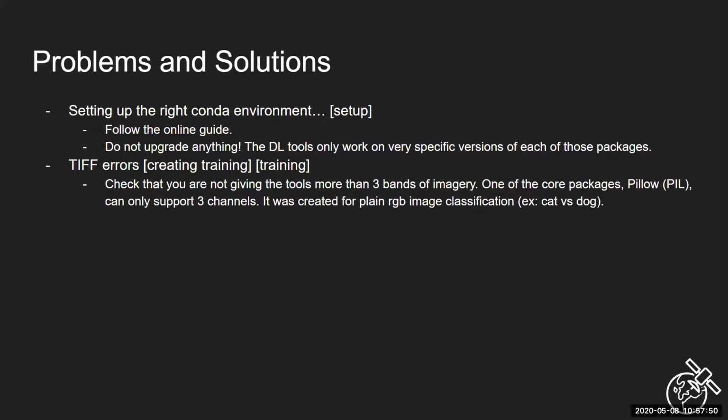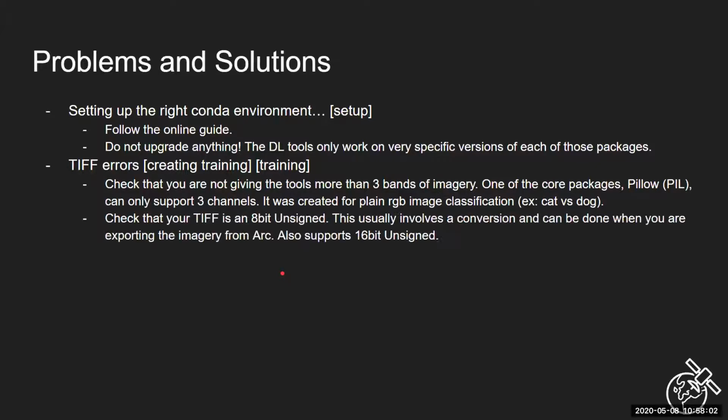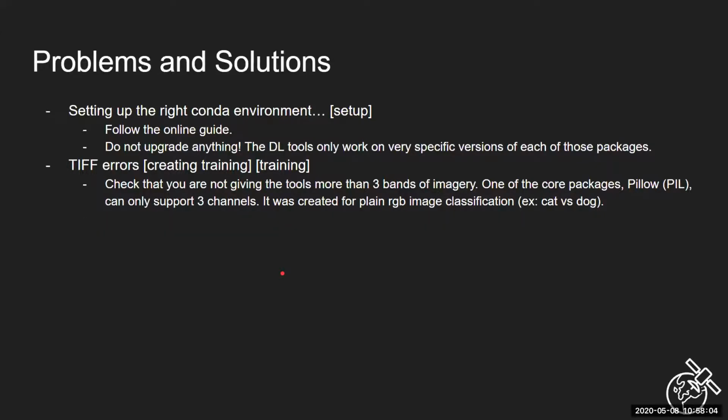Another one was, we were getting a lot of TIFF errors in creating training data and then the training. So the one is, make sure there's not more than 3 bands of imagery. A lot of these core packages are based off image classification, like cat versus dog, so they're built only for 3 channels.